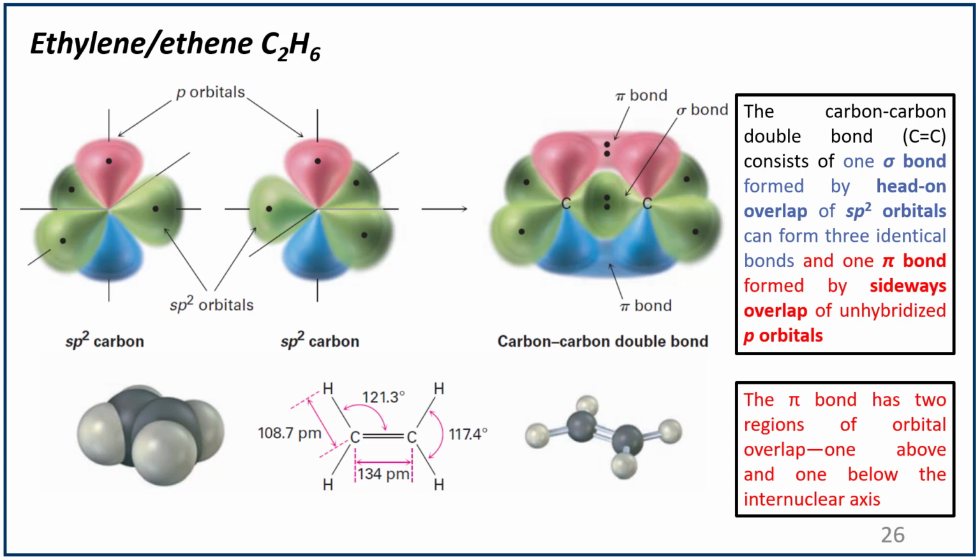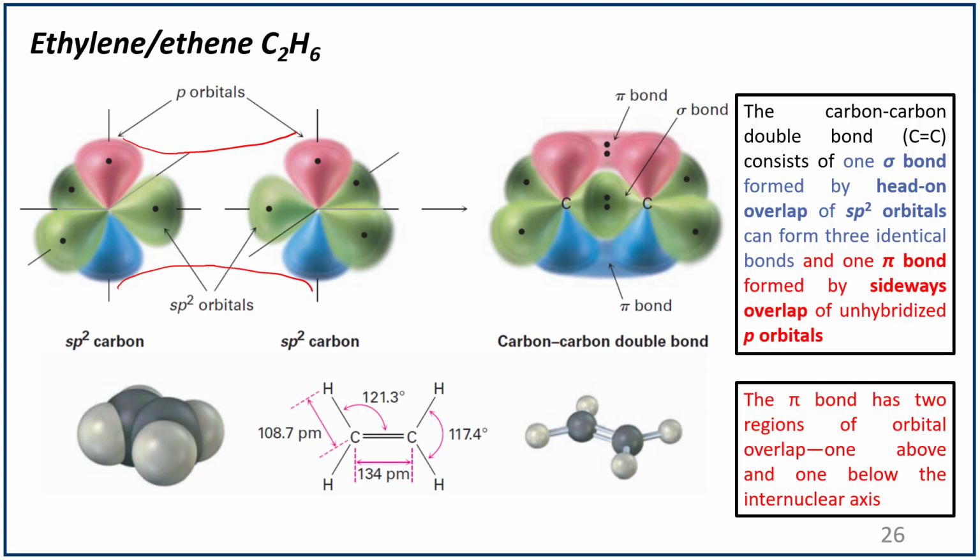And that sp2 hybrid orbital forms yet another sigma bond with another sp2 hybrid orbital, this time from the other carbon. Now those unhybridized p orbitals are still there. However, they do not overlap head-on. Instead, they overlap sideways like this. The sideways overlap is a different kind of bond. It's actually a pi bond. The pi bond is a sideways overlap of unhybridized p orbitals.